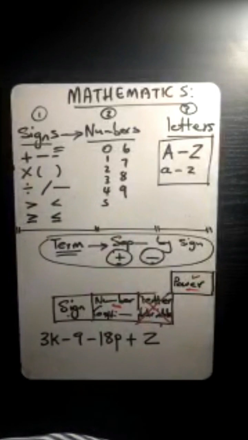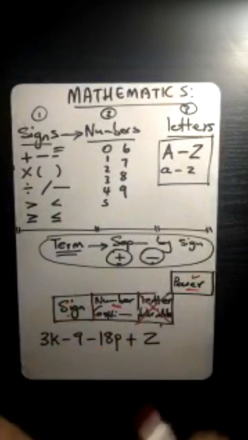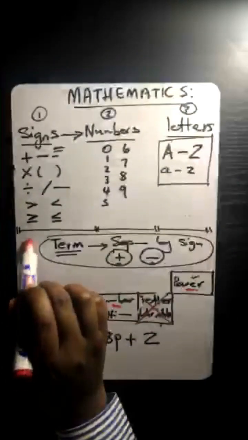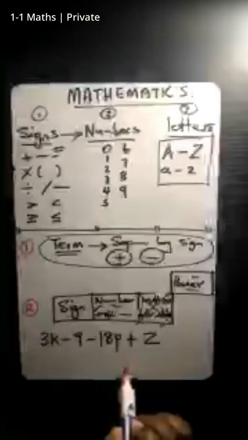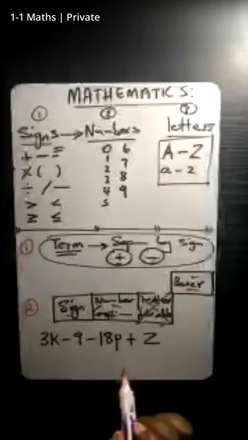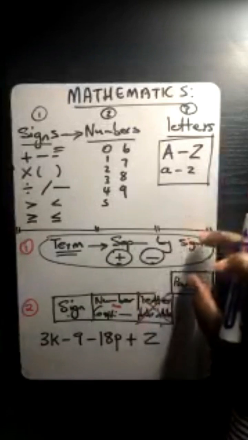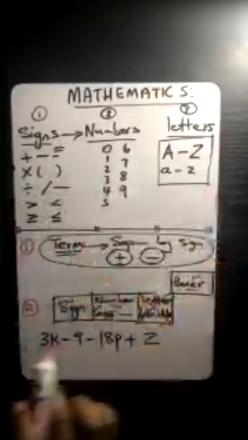So I think we'll have a positive 3. Okay. Let's say this is number 1, telling how many terms. Then this is number 2, interpreting a term. So how many terms are we having there?